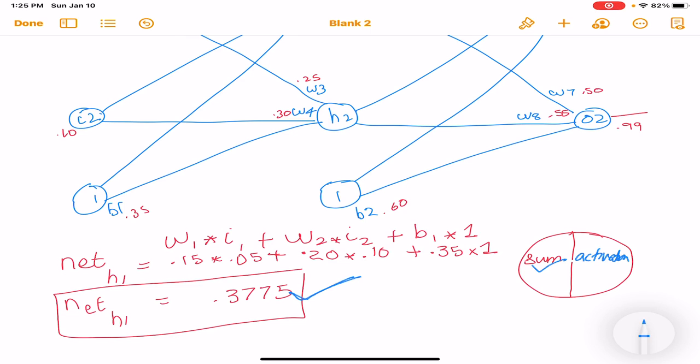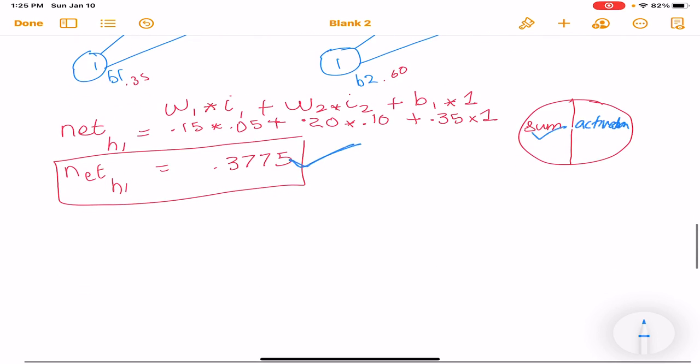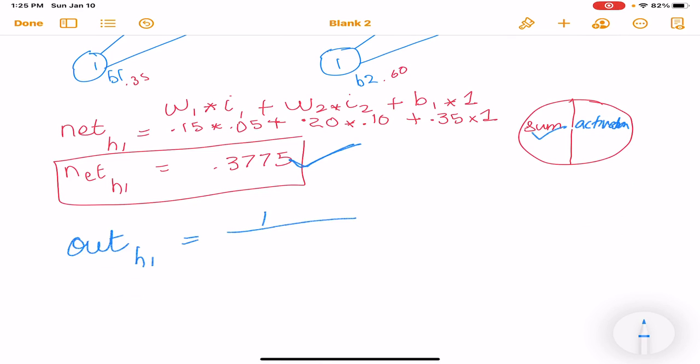So we now squash this value of net H1 by passing it through an activation function. For the purpose of this lecture, I have chosen the sigmoid activation function. So out H1 is equal to sigmoid, which is 1 by 1 plus e raised to minus x, which is equal to 1 by 1 plus e raised to minus net H1 in our case.